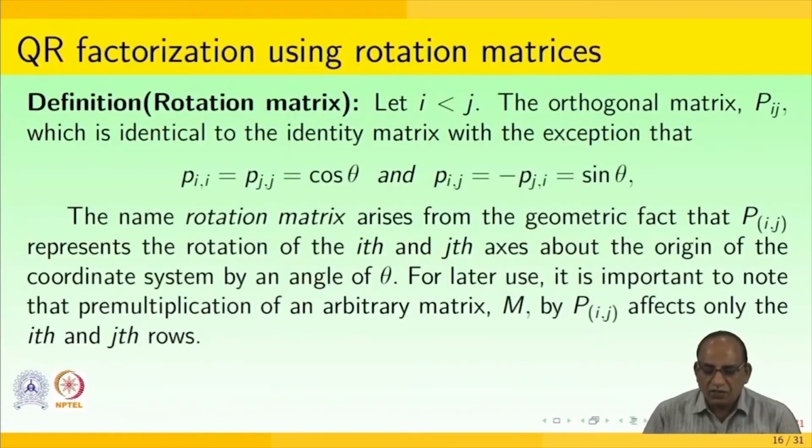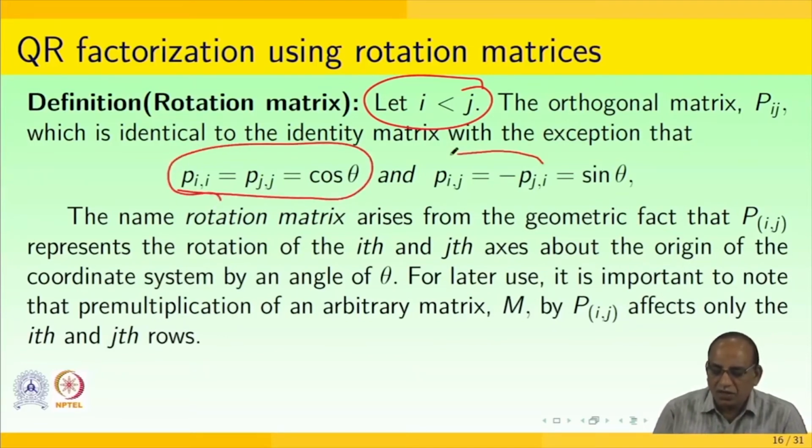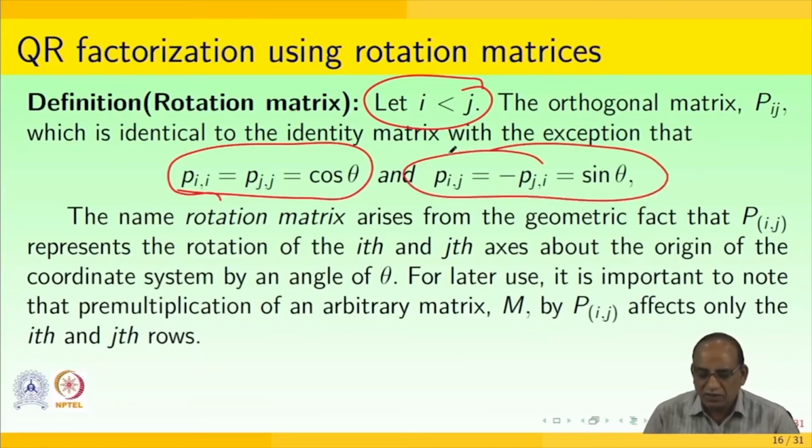QR factorization using rotation matrices. Definition: let i be less than j, the orthogonal matrix Pij, which is identical to the identity matrix with the exception that Pii is equal to Pjj is cos theta, and Pij is equal to minus Pji, which is equal to sin theta.